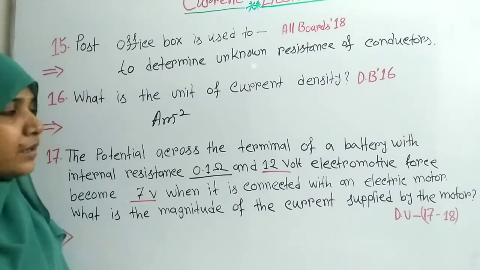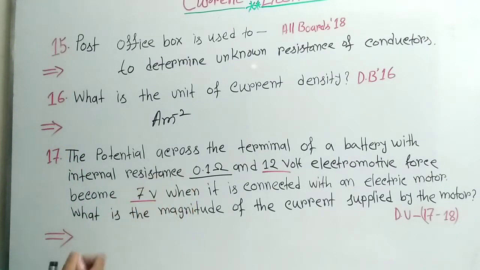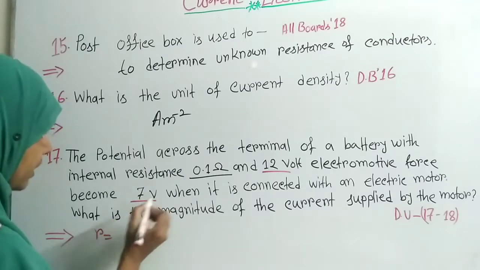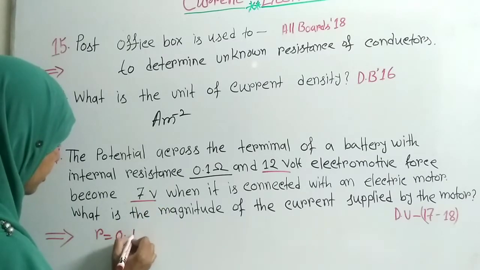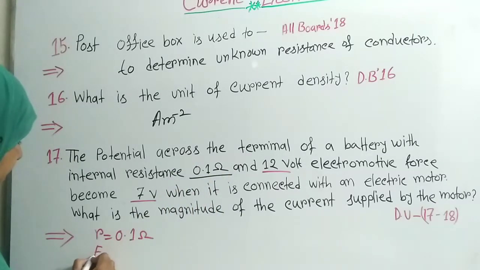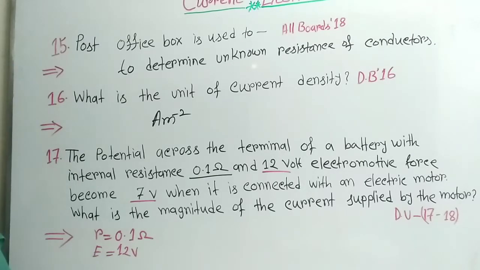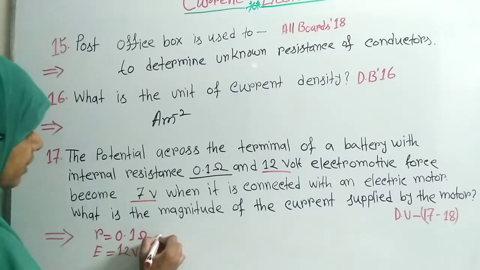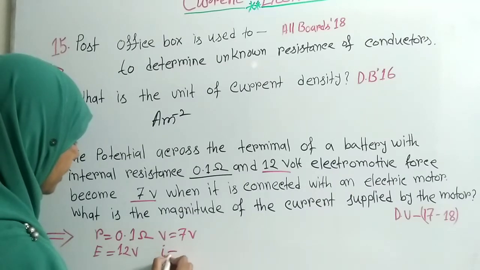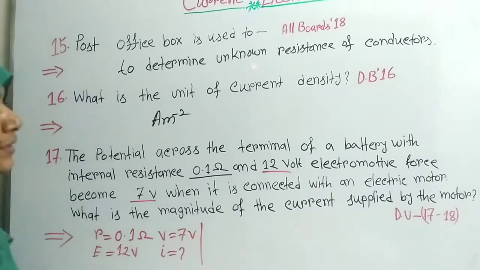So here the given information is internal resistance. You know that internal resistance is denoted by small r. So the value of small r is 0.1 ohm. The value of electromotive force, that is E, is given here 12 volt. And the potential difference, that is V, is given here 7 volt, and we have to calculate the value of I of this electric motor.